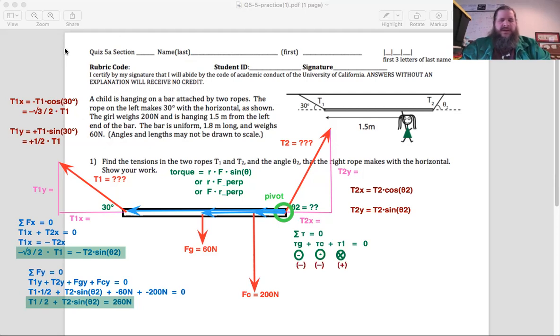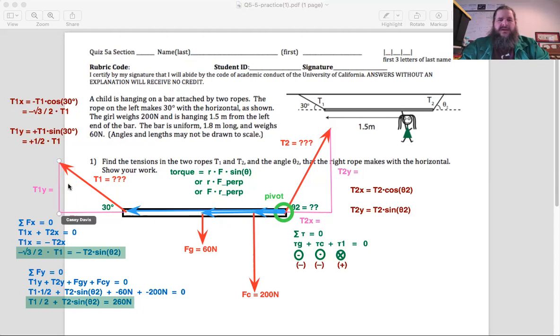In that case, when we fill these in, we can calculate the torques using any of these three formulas, whatever is most relevant. Since we have an angle, we could write it as r times F times sine of that angle. Or you could think of it as r times which of these components, if any, counts as perpendicular to the radius? Y component? Yeah, the y component is perpendicular to the moment arm. Because the moment arm, this blue arrow I've drawn here, notice that the y component is perpendicular to that direction.